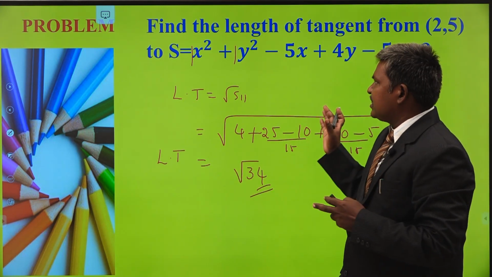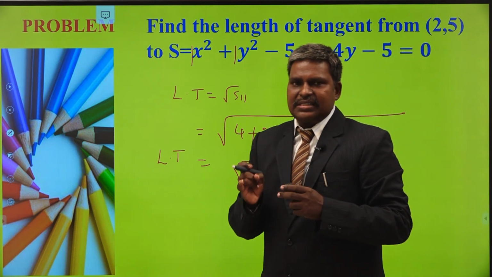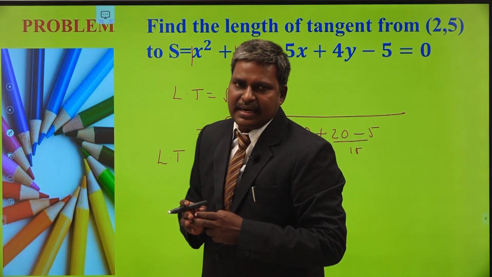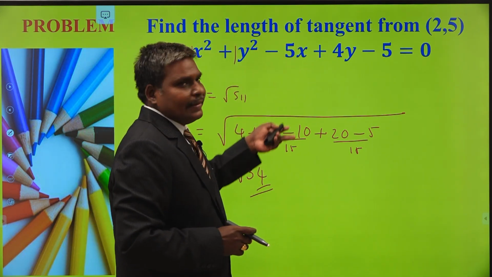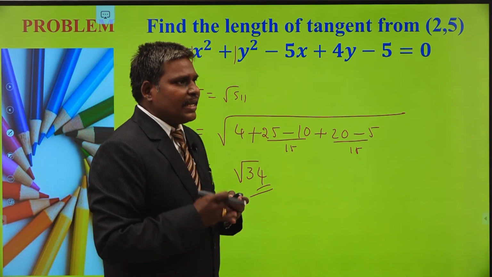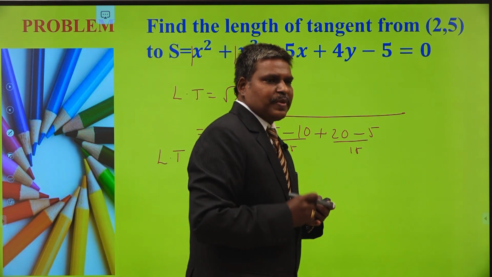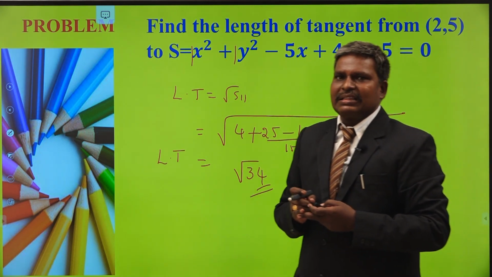Just I will give one summary within 2 minutes. What we have discussed: notations S, S1, Sij, S11, like that. These notations are used in theorems like this. The power of the point is defined as CP square minus R square. The power of P with respect to the circle S equal to 0 is what? S11. And we define the length of tangent.